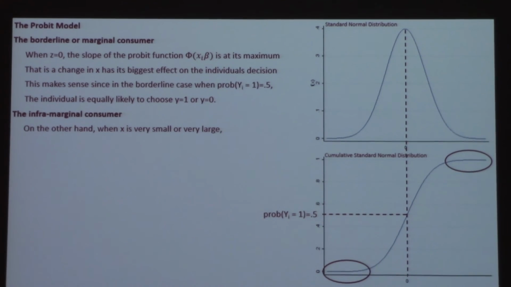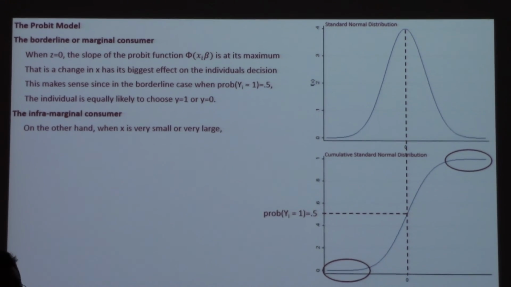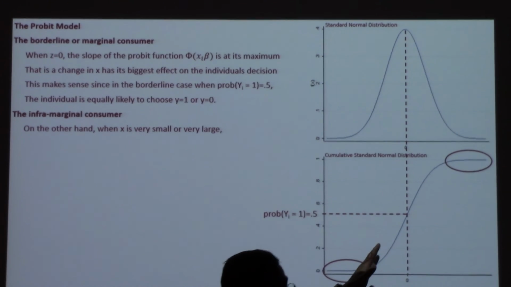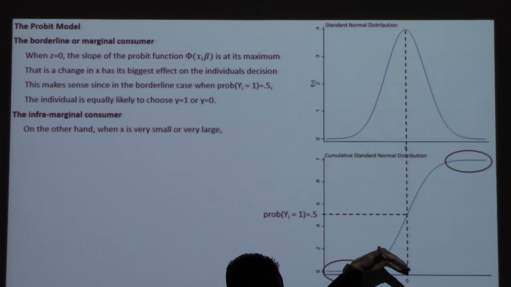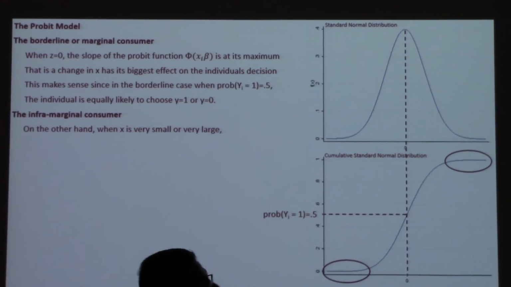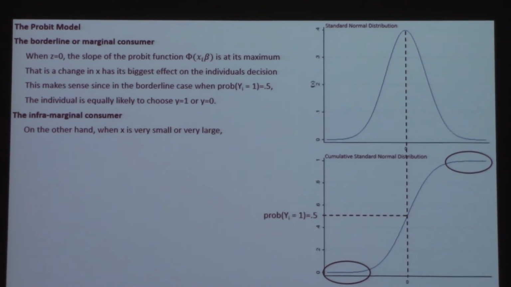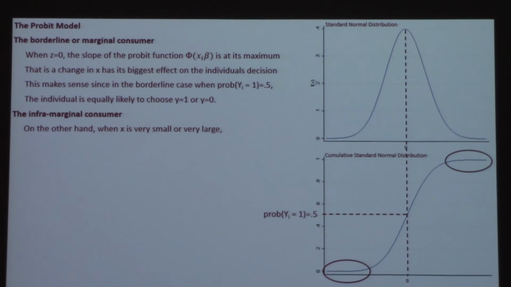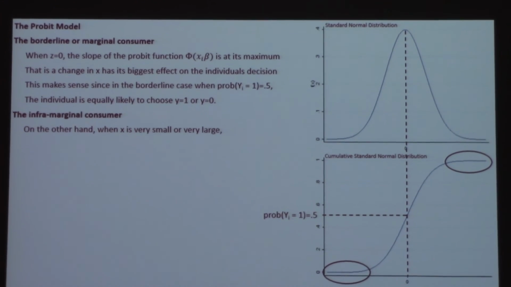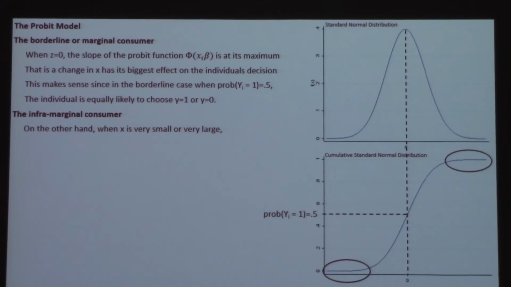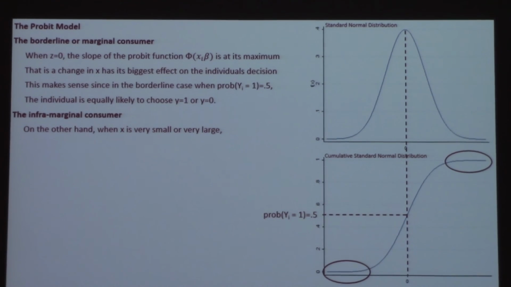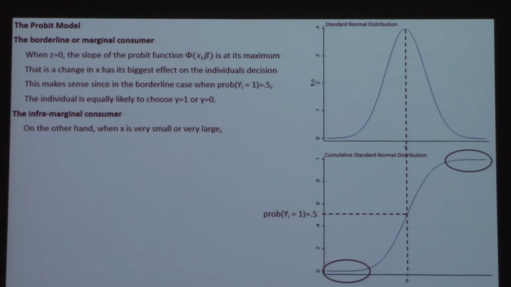That's not true with these binary, or let's call them nonlinear demand curves, where the slope changes, and hence the effect of the independent variables changes. That, to me, is a big improvement over the linear probability model, which I don't like to begin with. That's probably one of the least reasons why I don't like it, but it's a big improvement on the linear probability model.